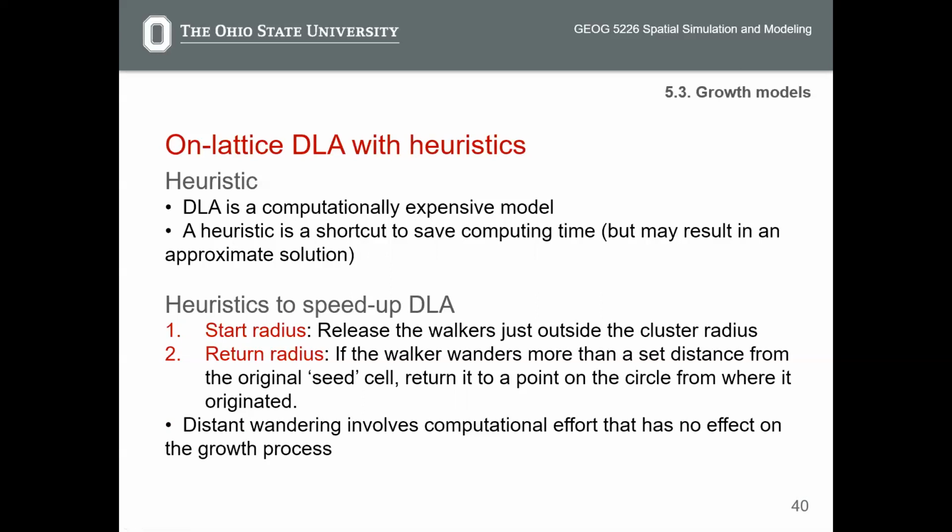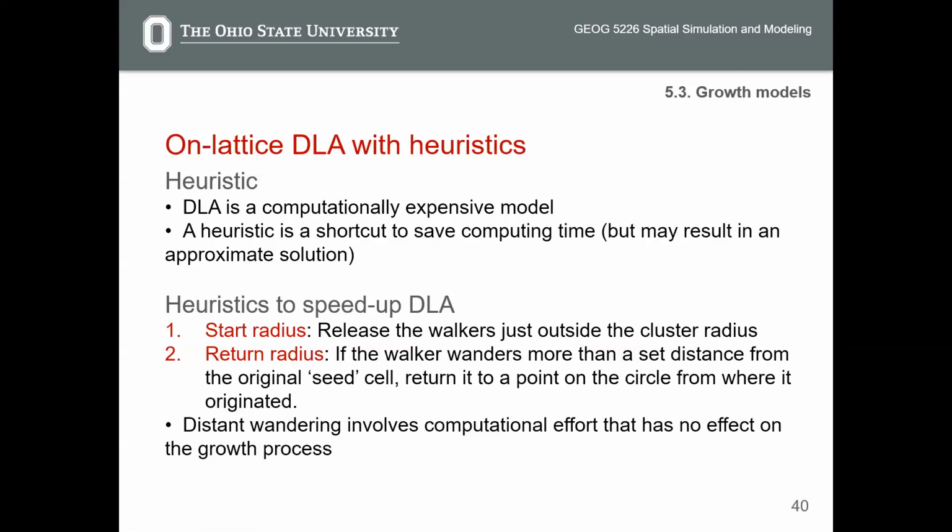Today, for our daily PCs, it's not a problem anymore. And a heuristic is a shortcut to save computing time, which means that we want to add some variations into this model to make it simpler, easier for computers to carry out. But the results are still similar.